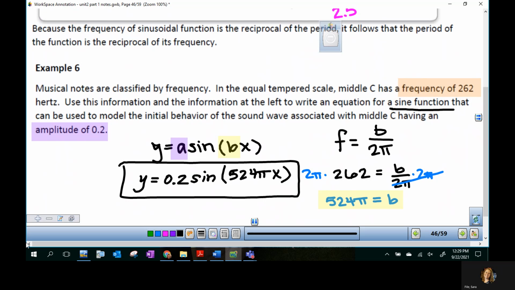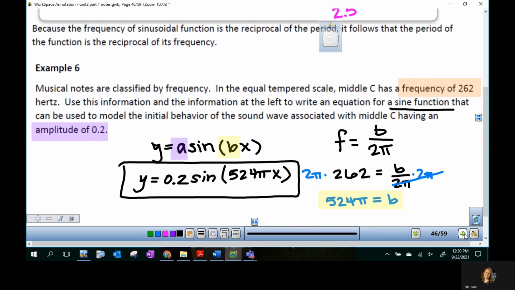Now, just think about it. This said the initial behavior of the sound wave, because what happens to a sound wave over time? Yeah, it dissipates. The sound doesn't keep going forever. If you push the middle C on a piano, it's not just going to play that tone forever. Okay, it dissipates. But initially, that initial sound wave would be represented by this sine function. But then the amplitude would get smaller and smaller and smaller, right?